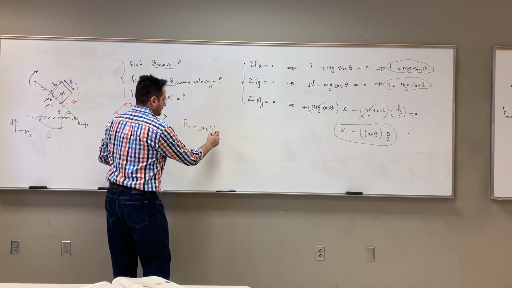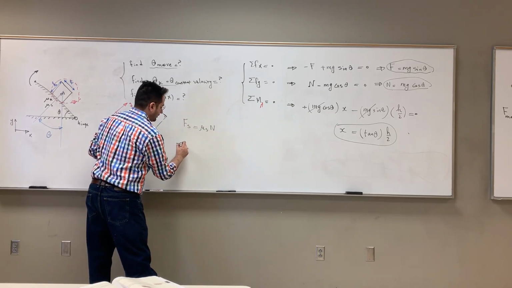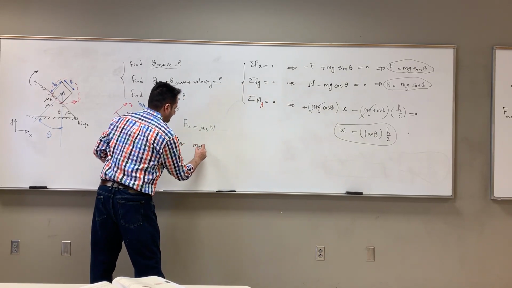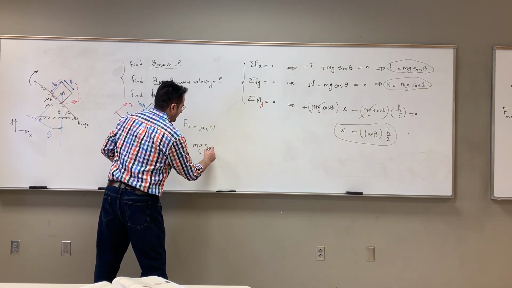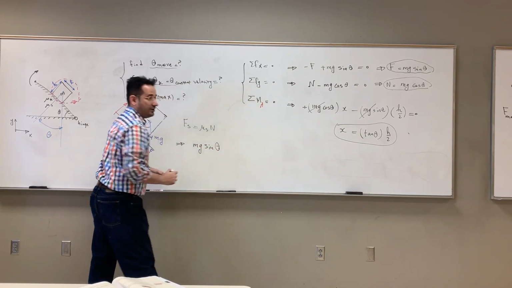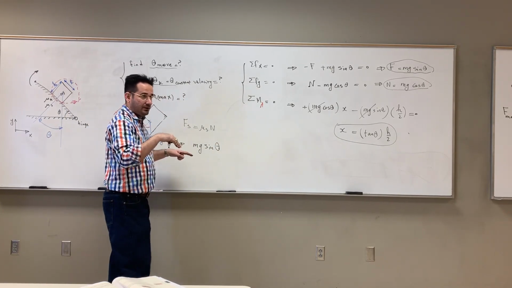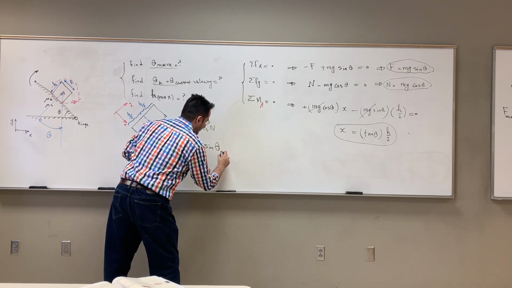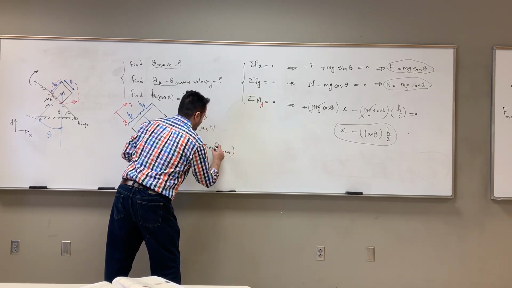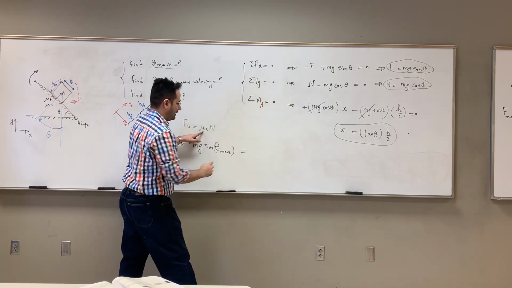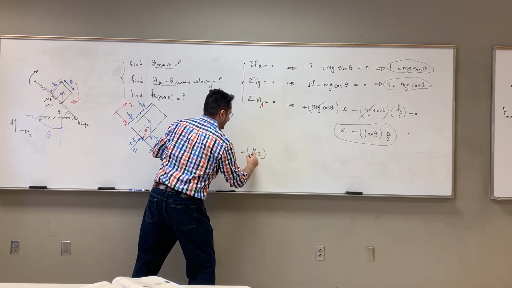Fs at that point is mg sine theta, but theta is a particular theta that generates the movement. So this theta move, we're trying to find this, is equal to mu s times N.